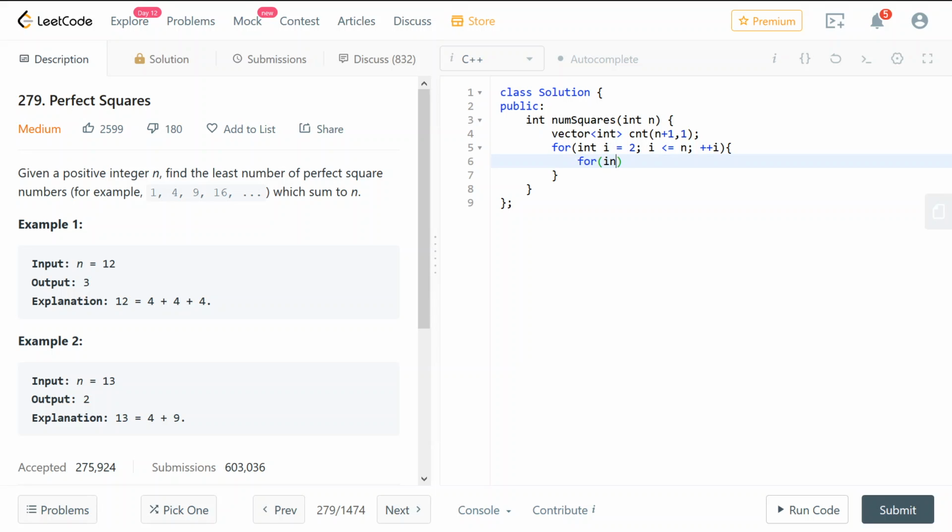We will try to find some square number j from 1 to which? The square number should be less than or equal to n, plus j.